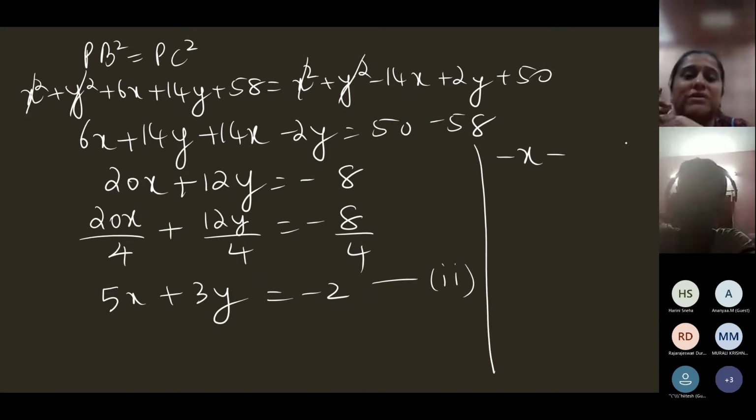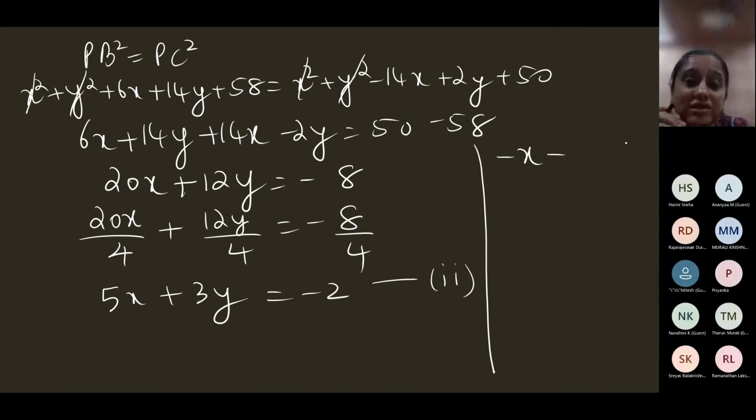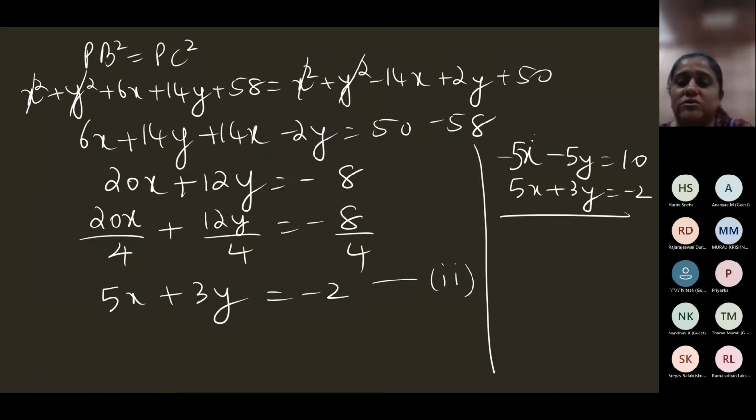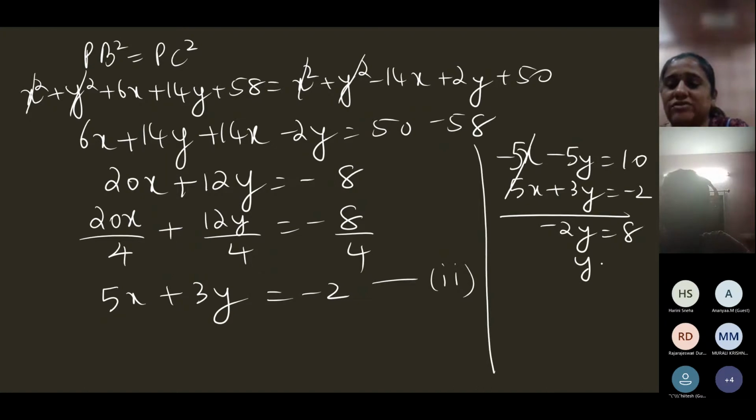So we'll get minus 5x minus 5y is equal to 10. And here this equation is 5x plus 3y is equal to minus 2. All right, so the x terms cancel and you get minus 2y is equal to 8. y is equal to minus 4.